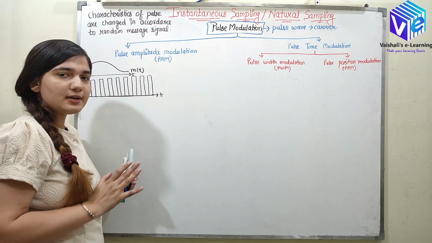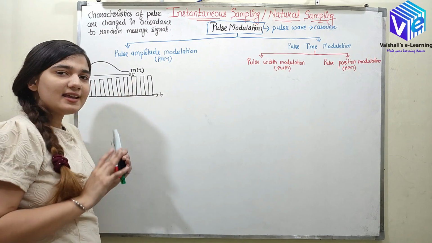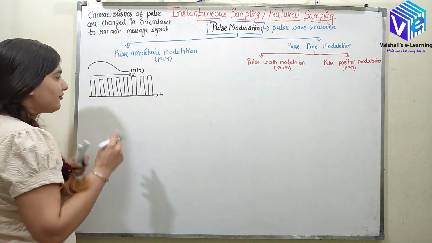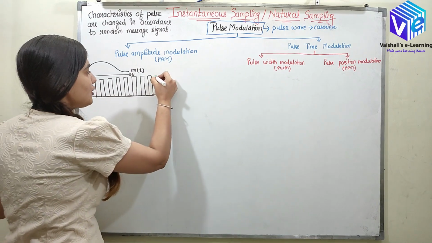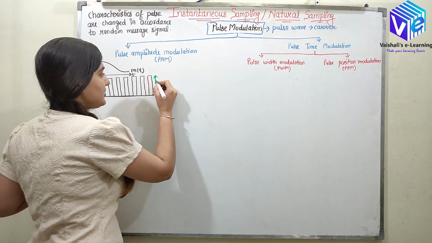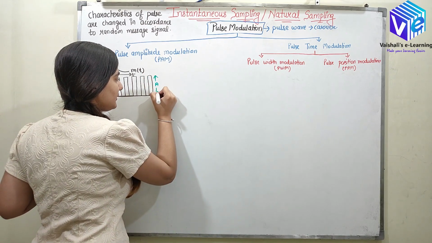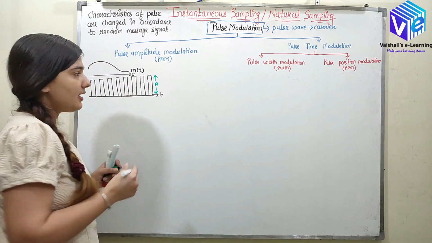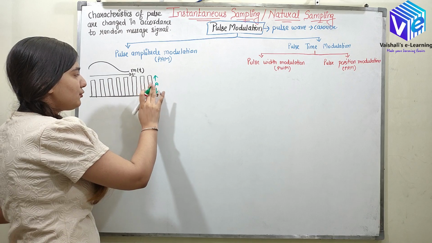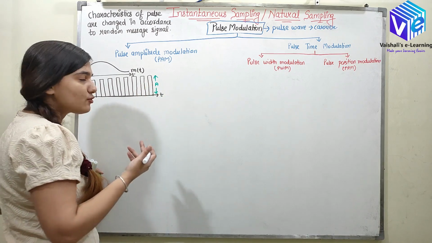From here you can see the pulse is not an analog signal. So here we have different characteristics of the pulse. First we'll see what are the different characteristics of the pulse. So first is the amplitude. I am denoting the amplitude by A. You can see we have taken the amplitude to be same because it is constant.